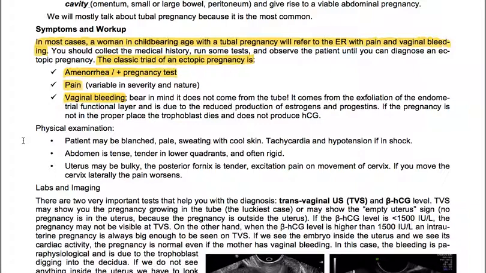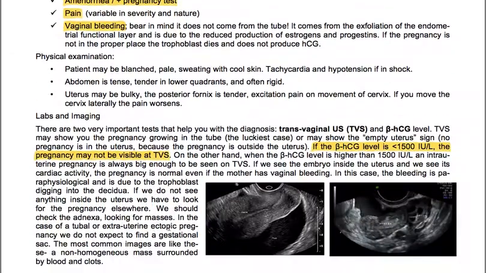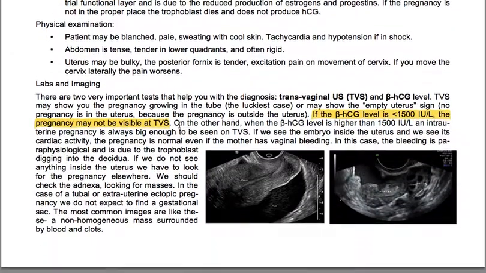If the beta HCG level is less than 1500, the pregnancy may not be visible at transvaginal ultrasound. On the other hand, when the beta HCG level is higher than 1500, an intrauterine pregnancy is always big enough to be seen on transvaginal ultrasound.